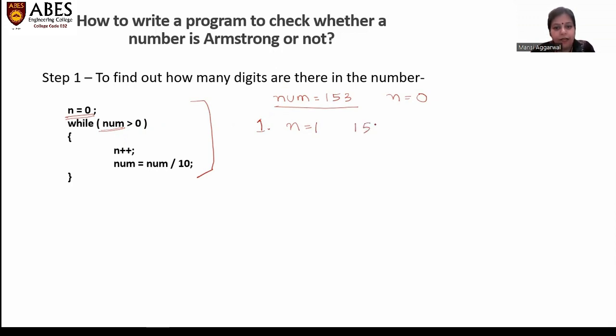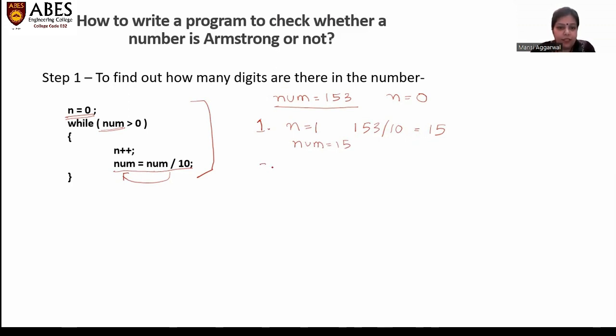When we divide 153 by 10, we will get 15, as when we divide integer by integer, we get an integer value. This 15 will be stored in the variable num again. As we can see, this is done by num equals num divided by 10. The value of num is divided by 10 and it is stored again in the same variable.